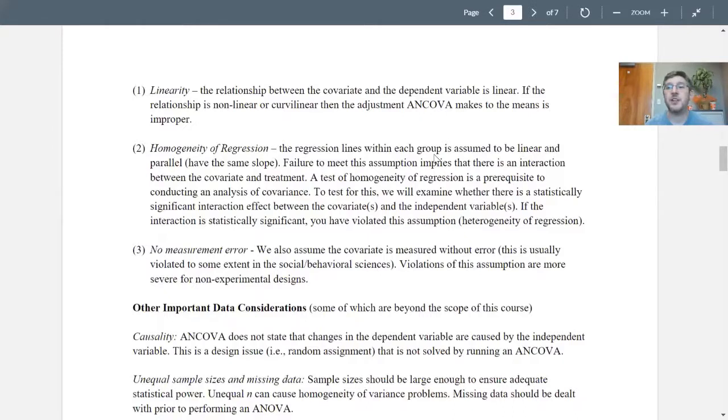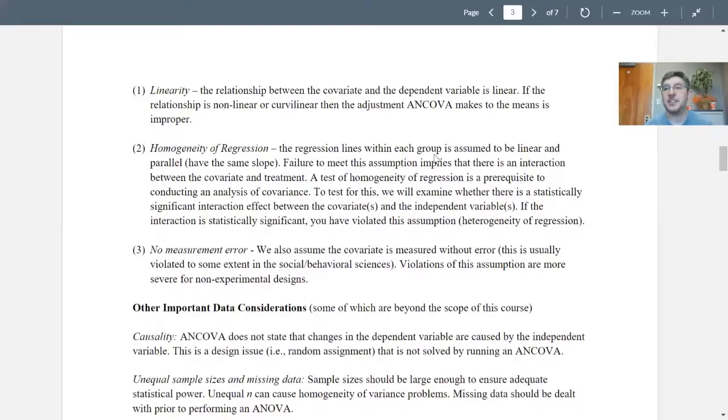We also assume that our covariate is measured without error. This is probably violated to some extent in the behavioral and social sciences, and violations of this assumption tend to be more severe in non-experimental designs.